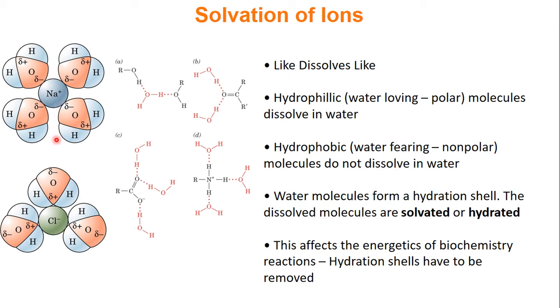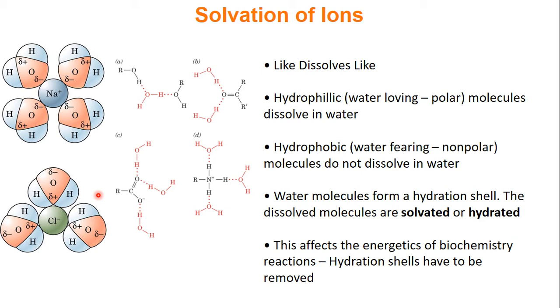And when this happens, we say that the molecules are now solvated or hydrated, and you can have multiple layers of water surrounding the ions like this, and each layer is called a hydration shell.